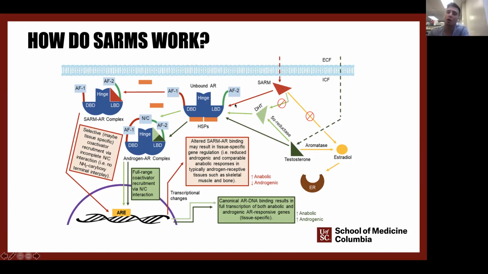Same thing: when the SARM interacts with that receptor, it interacts in the AF2 region in the ligand binding domain, and that causes a conformational change again. But depending on the compound, we're going to change the function or the way it folds. So we might have what you would call an incomplete NC interaction, here versus here, if you can see my pointer.